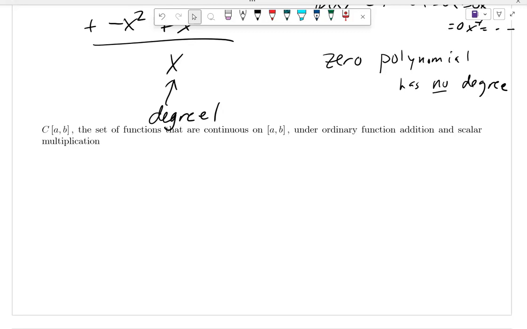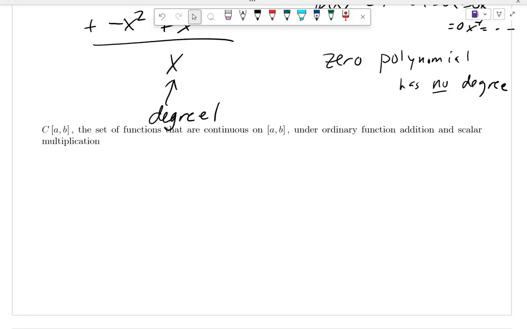So, continuous functions on the interval from A to B. What type of calculus operation might you be interested in doing if I'm saying the function needs to be continuous to start with? Integrals, right? If we know we start with a continuous function, we know the integral exists. So there'll be a special type of product that we'll talk about for integrable functions that will work in terms of integration, because we're doing continuous functions.